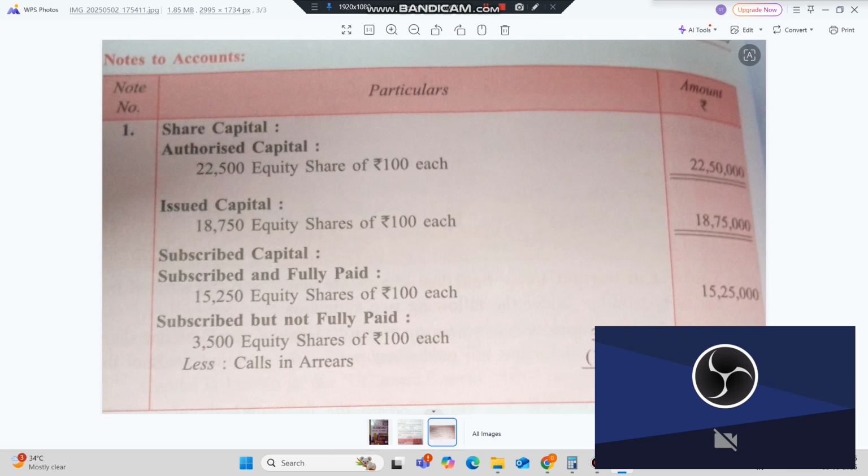This is the answer. First we need to identify the authorized capital and issued capital, and out of issued capital, how much has been subscribed, which we take into account as a third step. And out of that subscribed, how much is fully paid and how much is not fully paid. So we add those things, taking into consideration what we are going to receive in our business.